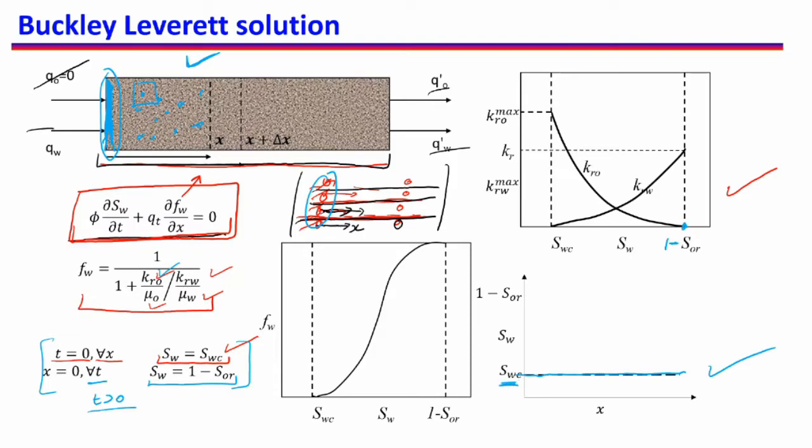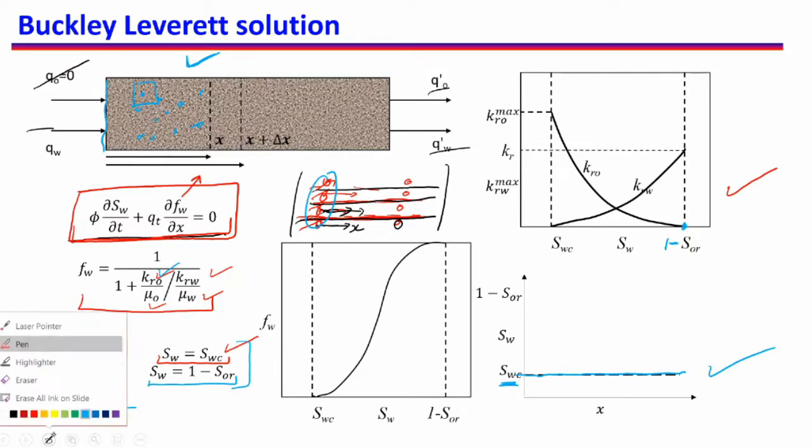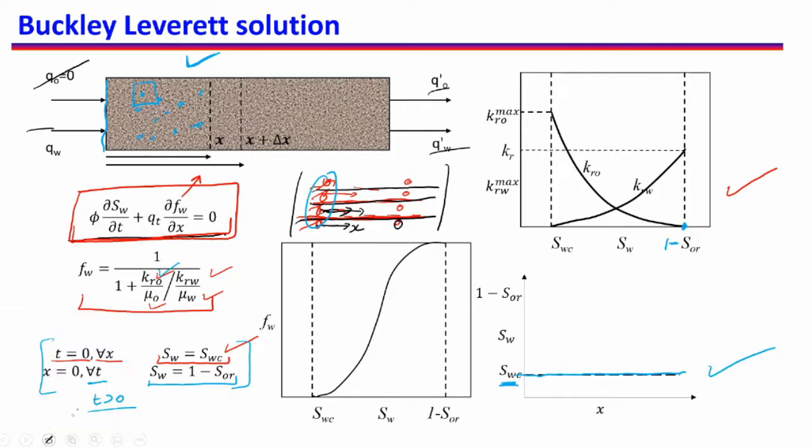And when we start injecting water, at the boundary here we immediately get water saturation that is very high, and only a little bit of oil is left here. So that means our oil saturation is SOR and our water saturation becomes high, which is 1 minus SOR. So our water saturation will be at this point. This is how our boundary condition will look.